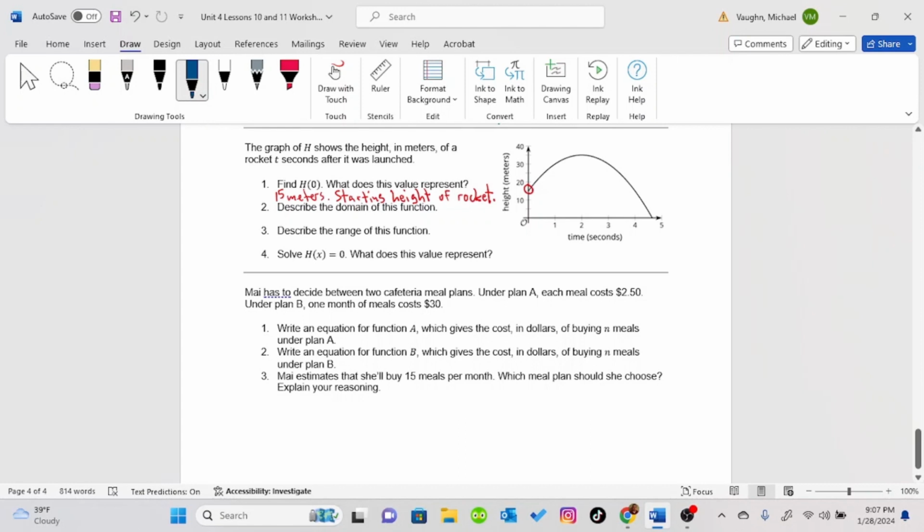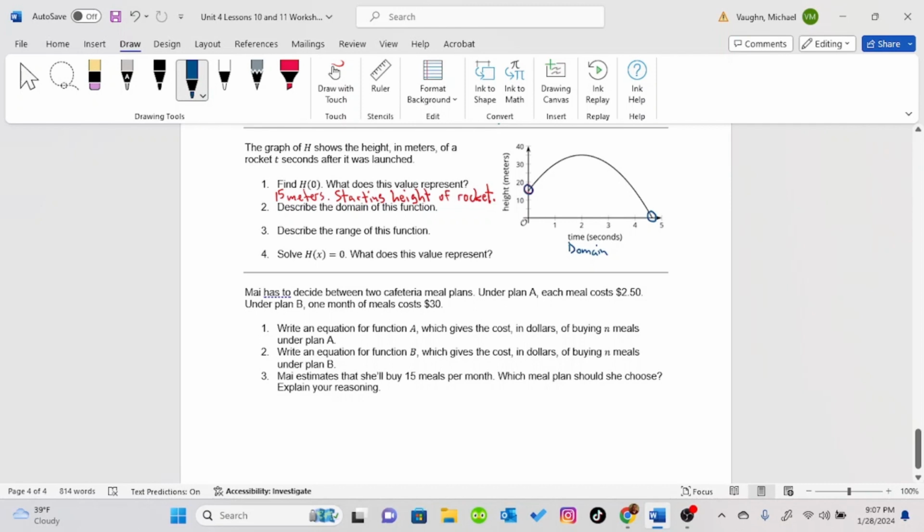Number 2. Describe the domain of this function. Your domain are the possible inputs. So domain will be your x values. We see that the domain starts when x is 0, and we see that it ends when x is approximately 4.5.